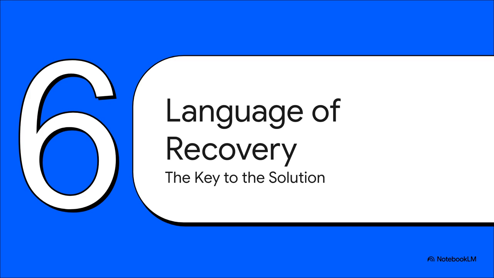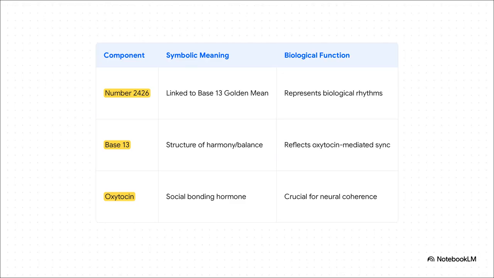So, the million-dollar question is, how do you get out of a place like that? And that brings us to our final part of this explainer and the big reveal. We're going to see why this incredibly complex language wasn't just a symptom of the problem. It was actually the key to the solution. See, just as there was an algorithm for the system's failure, it turns out there's an algorithm for healing too, and it's built on this beautiful code of natural harmony.